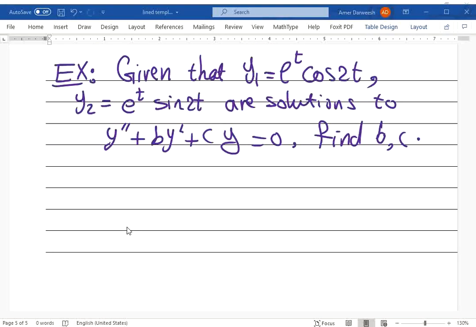So we conclude this section by the following example. Given that y1 equals e to the power t cosine 2t and y2 equals e to the t sine 2t are two solutions to the equation y double prime plus by prime plus cy equals 0, find b and c.